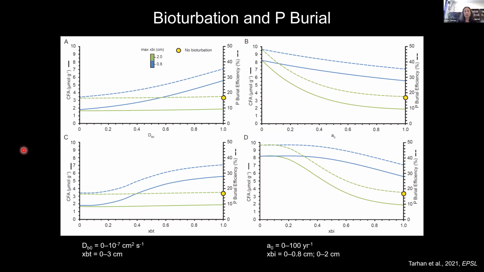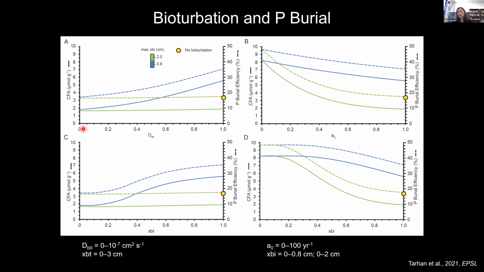And I've organized this with the 2 biodiffusion parameters, our biodiffusion intensity coefficient, dB, as well as our biodiffusion attenuation coefficient, or depth, XBT, over here on the left, and our 2 bioirrigation parameters, including our bioirrigation intensity coefficient, alpha, and our bioirrigation attenuation, XBI, on the right.